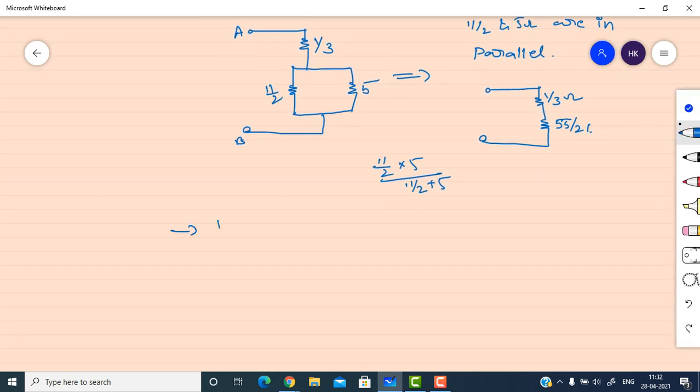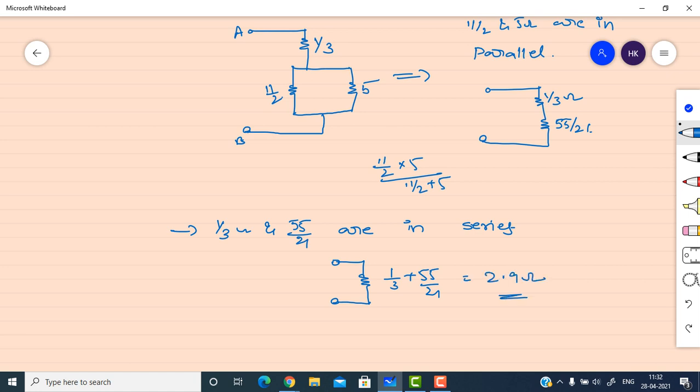Now this 1 by 3 ohm and 55 by 21 are in series. This is 1 by 3 plus 55 by 21. So we'll get 2.9. This is the equivalent resistance between A and B terminals.